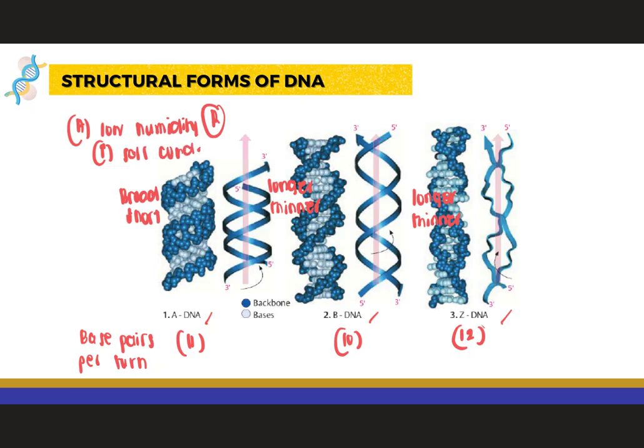While your bDNA is the most common form physiologically. Again, bDNA is the most common form physiologically. And lastly, your zDNA is seen in 5' end of your chromosomes. Okay? Another important thing that I want you to remember with regards to your zDNA, it is found in areas of alternating purines and pyrimidines.